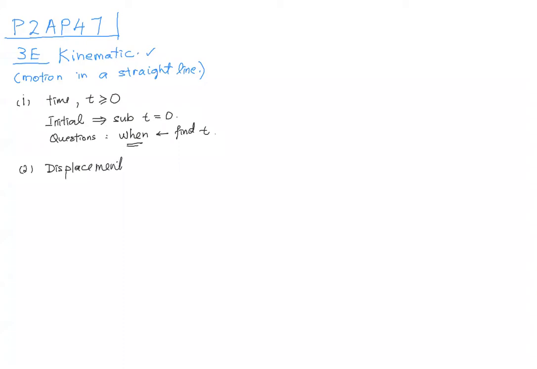Displacement, for example, in question 1, you are given S(t) equal to 2t cubed plus 3t squared minus 36t plus 18 cm. This is displacement. So what do we mean by displacement?